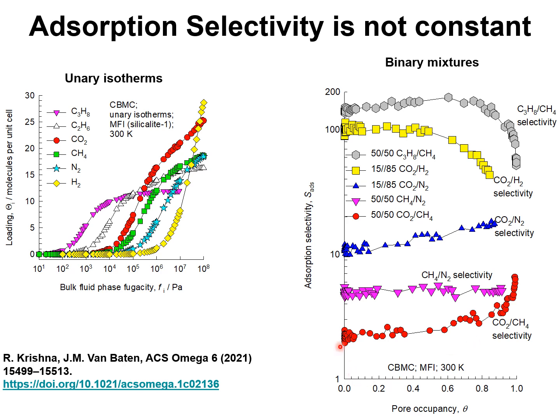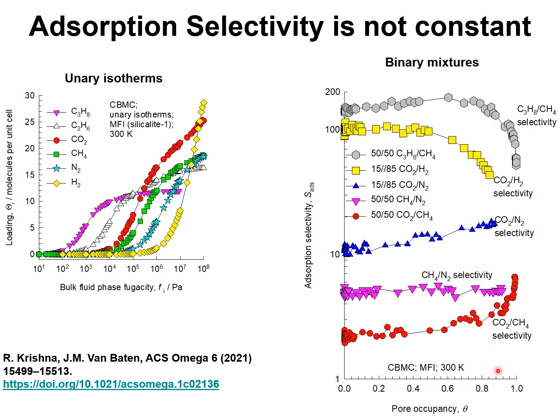For CO2 methane, we note that the unary isotherms show a higher saturation capacity for CO2 than for methane, and with increasing pore occupancy, the selectivity is in favor of the component with the higher saturation capacity.